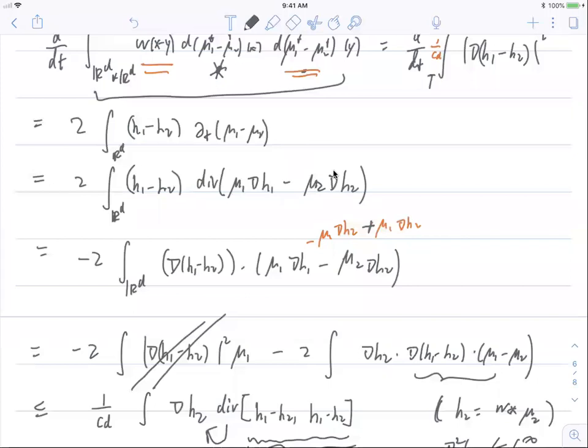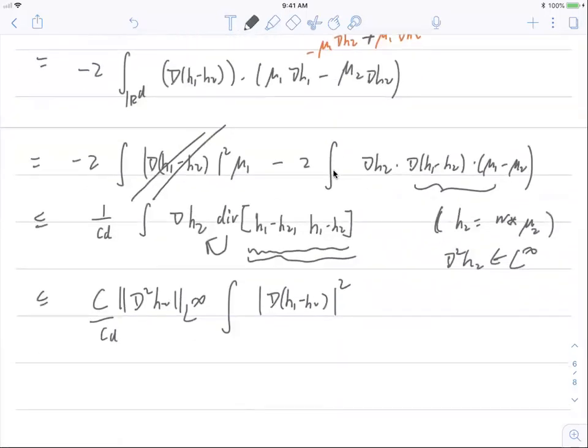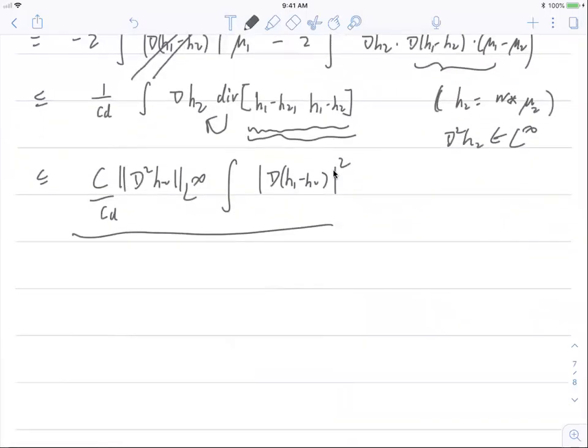So if we combine all the computation, what we get is something like the previous mu1t, mu2t, omega squared.